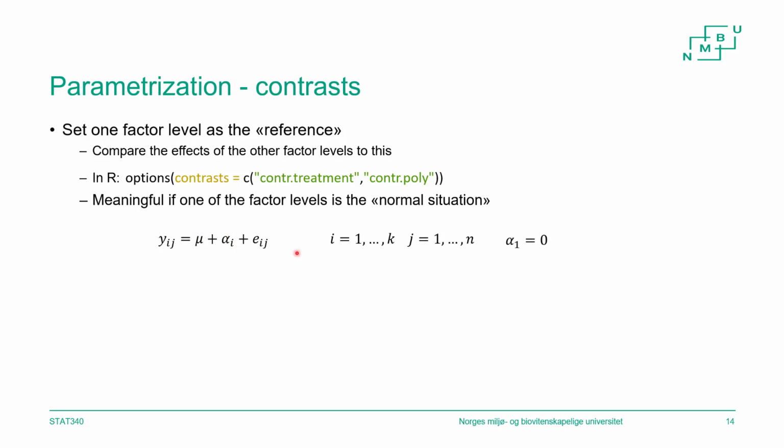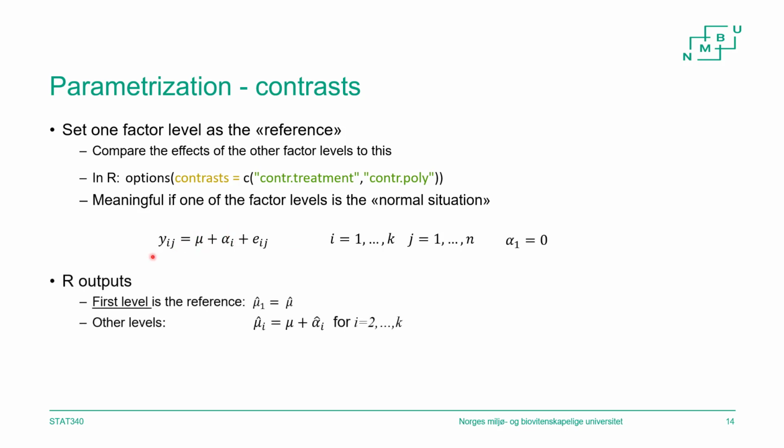So when you use the lm function in R, as we will see shortly, the output, if you have this way of contrast, the first level is always the reference. So the estimate of the response under the first level is mu hat, the estimate of this one. And then the other levels are simply mu hat plus the estimates of the alphas. There should have been a mu hat here as well, actually.